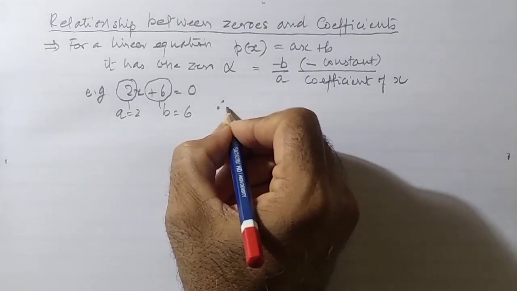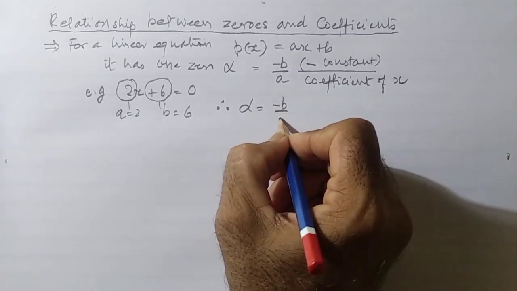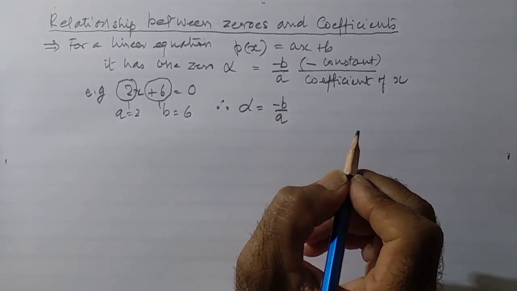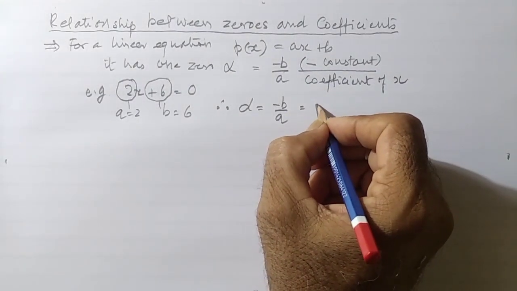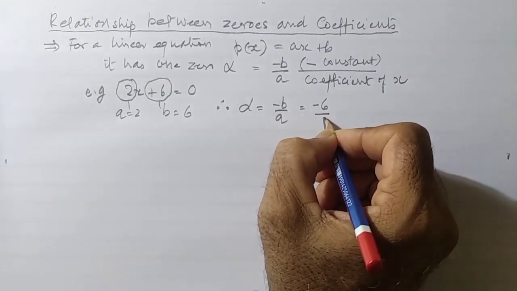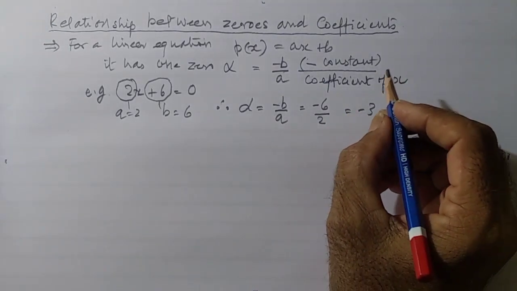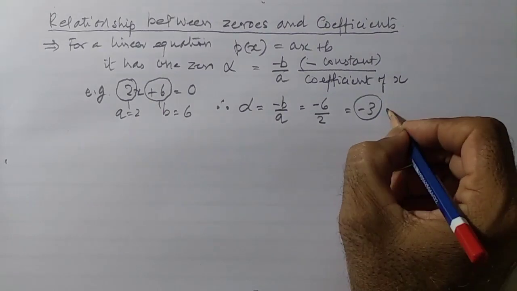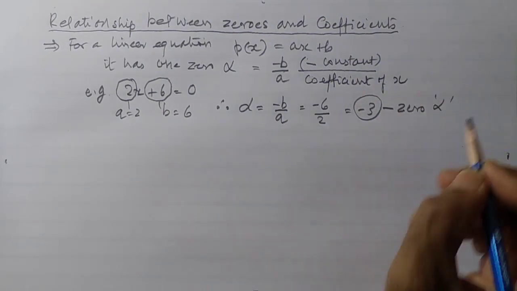Therefore, alpha is equal to minus b upon a, which is minus 6 upon 2, which is equal to minus 3. This is the zero called alpha.